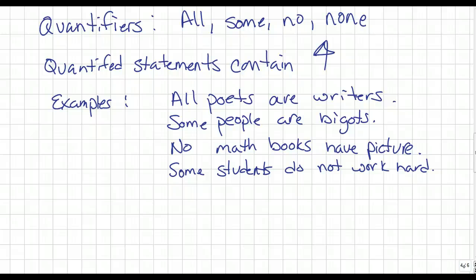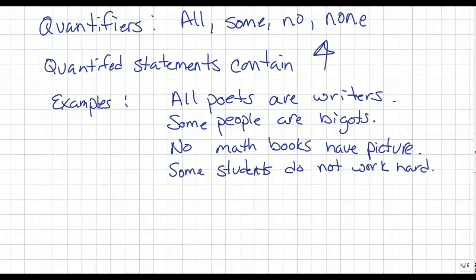Because if I said, all of you love math, what is the negation of all of you love math? Well, that's a common thing. People like to say none of you like math, but is that true? Not all of you like math. Not all of you, or you could say some of you don't like math. So it becomes a little bit tricky.